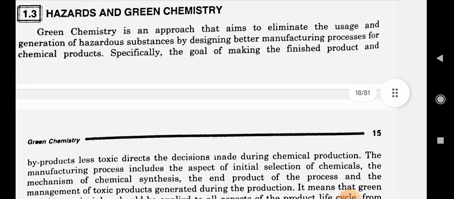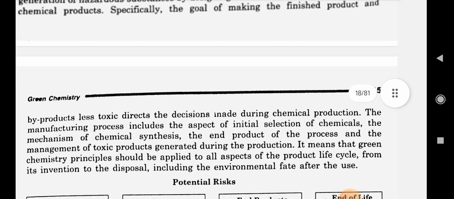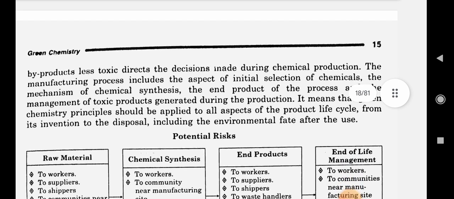Green chemistry is an approach that aims to eliminate the use and generation of hazardous substances by designing better manufacturing processes for chemical products, specifically with the goal of making the finished products and byproducts less toxic.